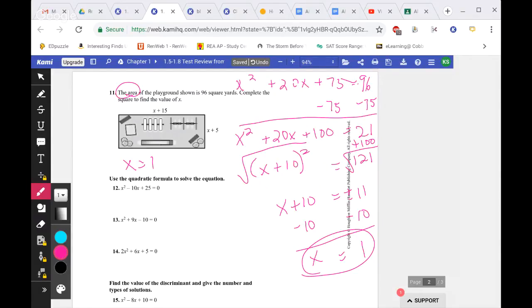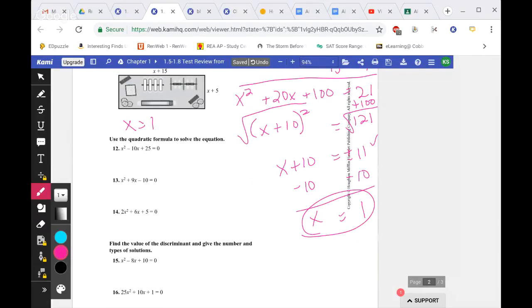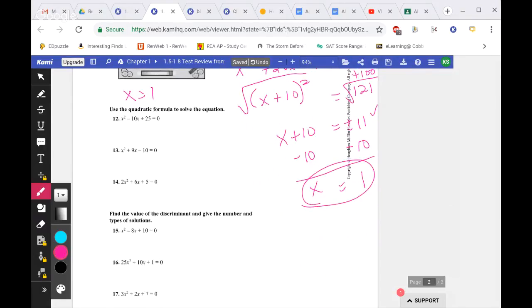Did you all follow that? Do we have to put a positive on the 1? Is that what you're asking, Simone? On the answer? No, because one of your answers was x equals 1.